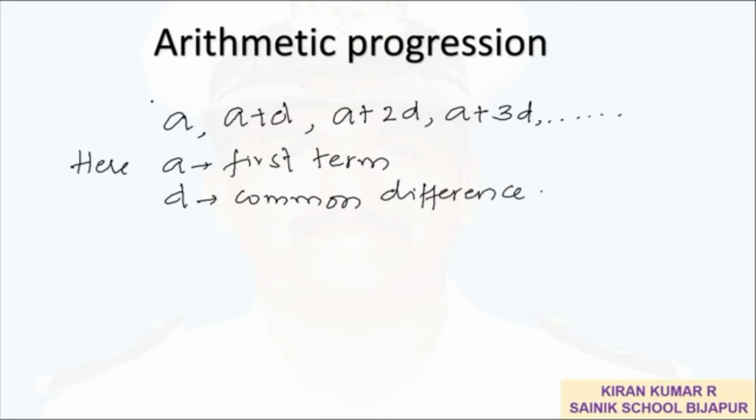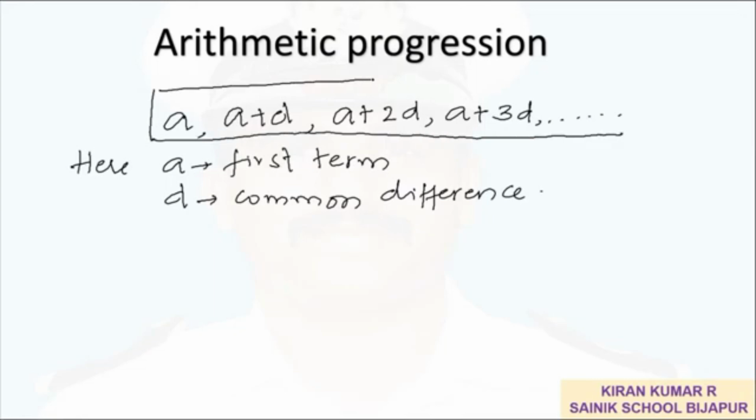And this sequence a, a plus d, a plus 2d, and so on till a plus n minus 1 into d is called the general form. It is the general form.